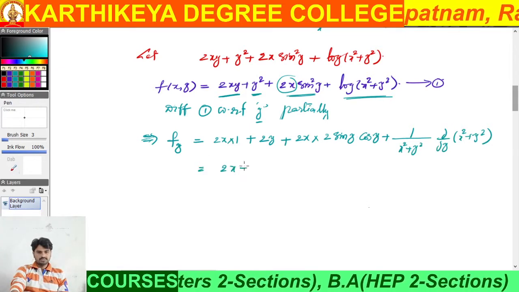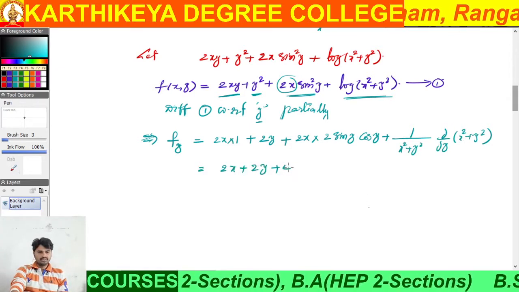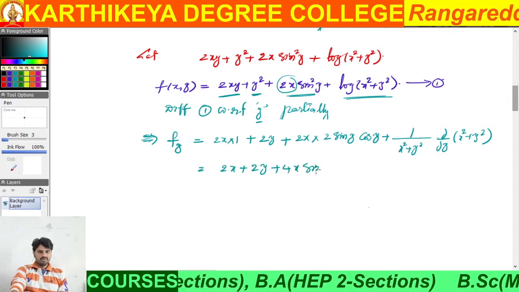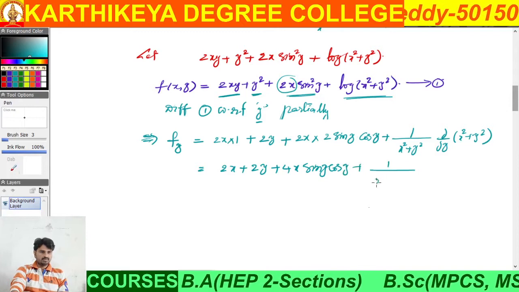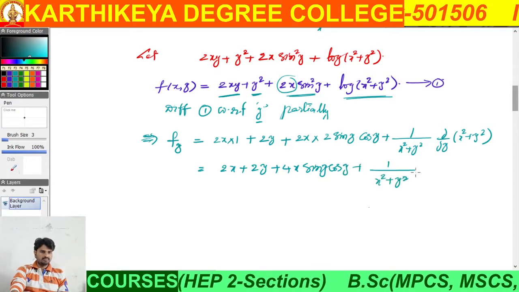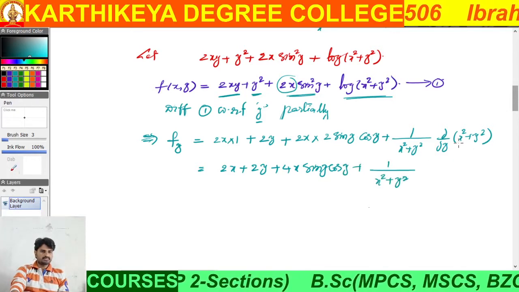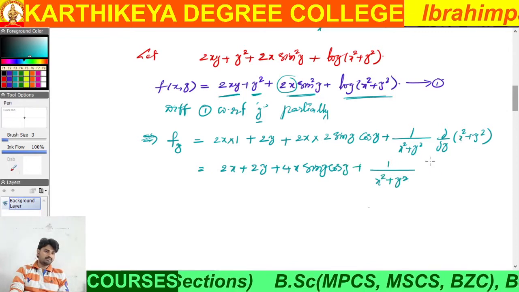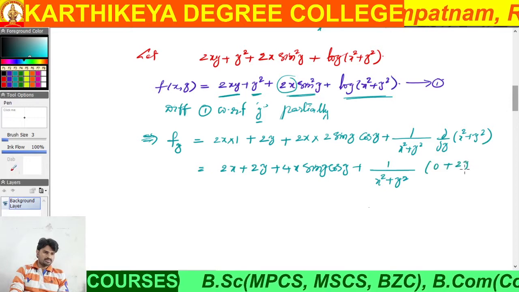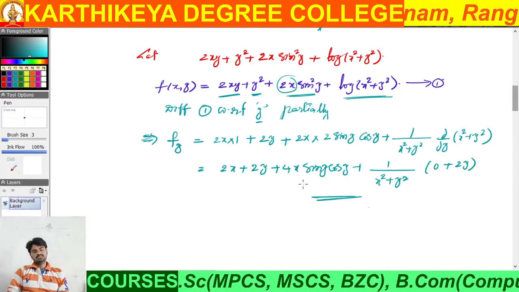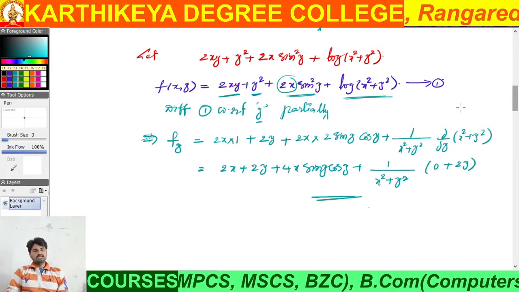Now 2x plus 2y plus 4x into sine y into cos y plus 1 by x square plus y square into the derivative of x square plus y square. The derivative of x square with respect to y means 0. The derivative of y square with respect to y means 2y. Okay, this is the procedure to differentiate the partial derivatives.